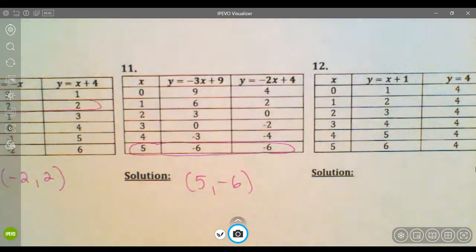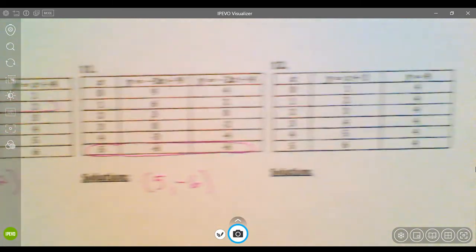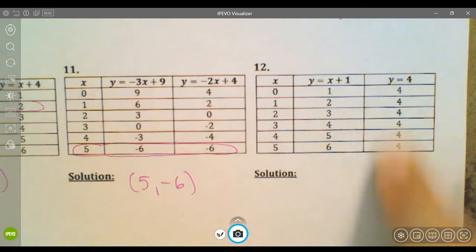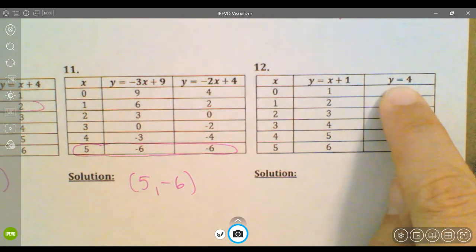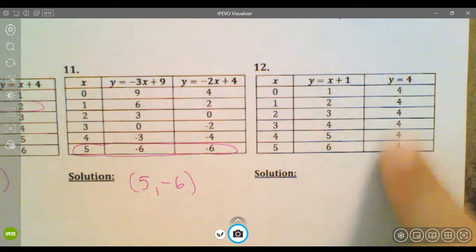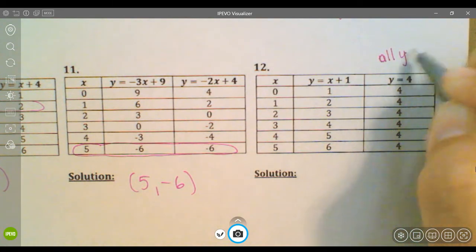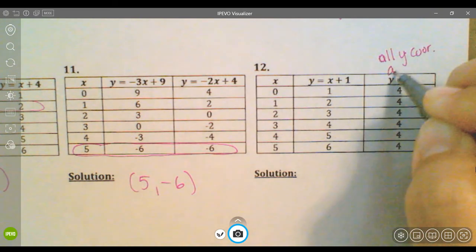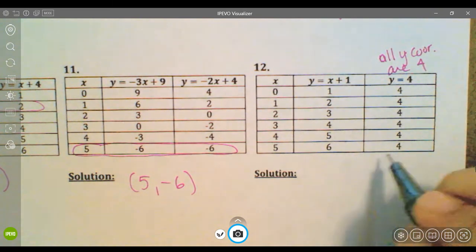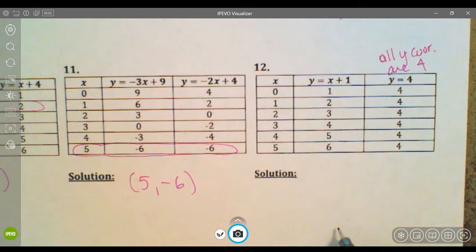Then number 12 looks a little interesting. I see all these 4s and it kind of shocks me, but it makes sense. When it says y equals 4, all y coordinates are 4. If we were to graph this, let me just show you really quickly.